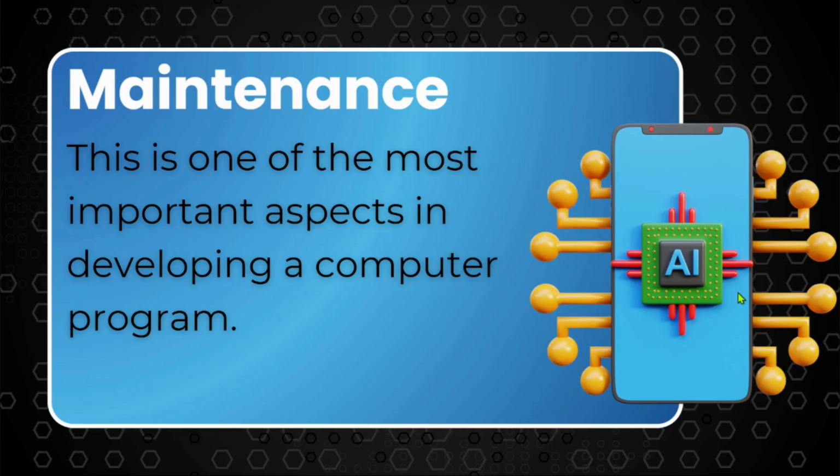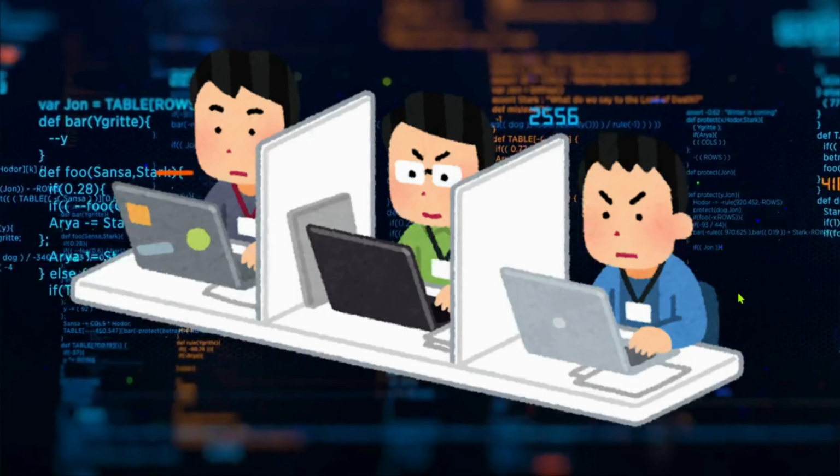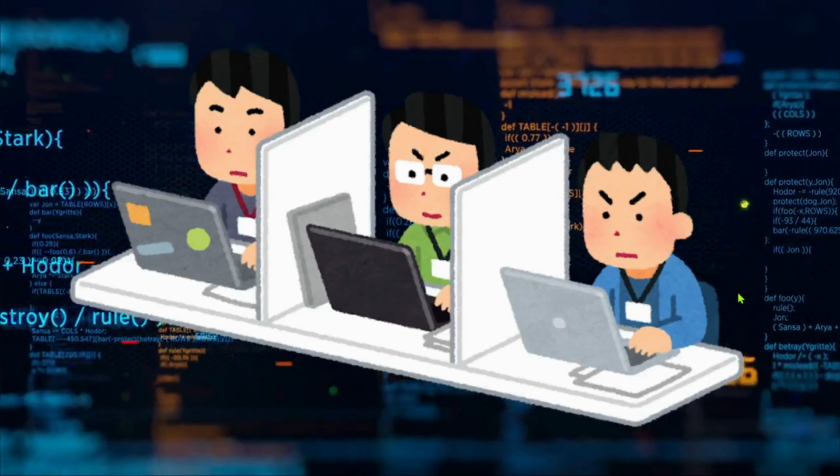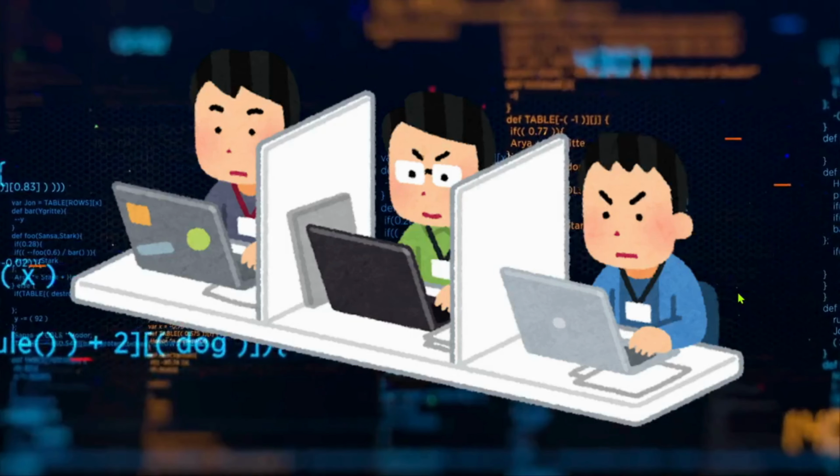After we create something, we just let it go. No, we don't do that. Okay, we need to maintain our program to make it run smoothly and improve its features depending on the errors or bugs that were spotted by other users using your program.